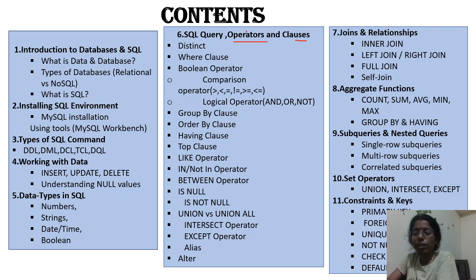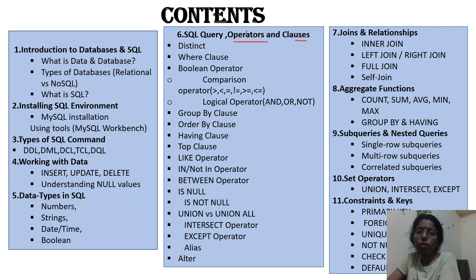Set means like it will take your set, subset, you might have an idea. So like we did union, intersection. Union means it will take all the data from both tables. Intersection means only the common. So in that way, set operators are union, intersect, union all, except.